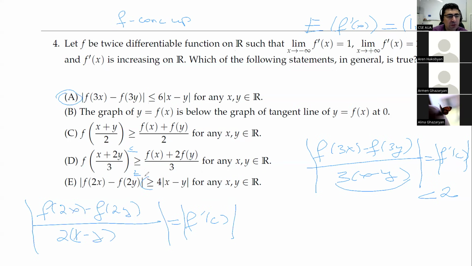Since here we have a greater-than sign, we can say the derivative is always greater than 1. Okay? It's from 1 to 2. And bringing 2x minus 2y to the right-hand side, instead of this 4, we have 2. We don't know whether it is true for 4.